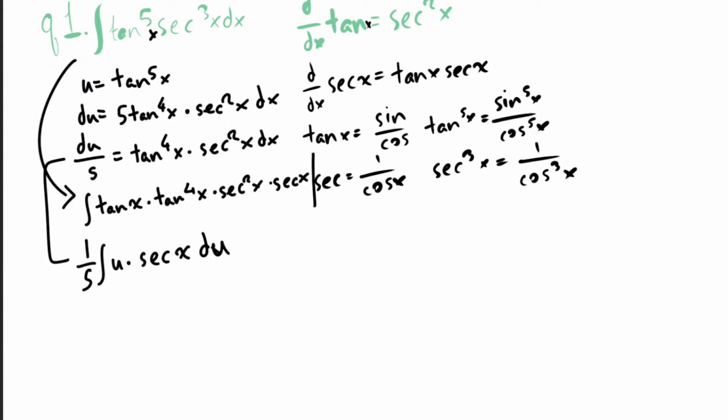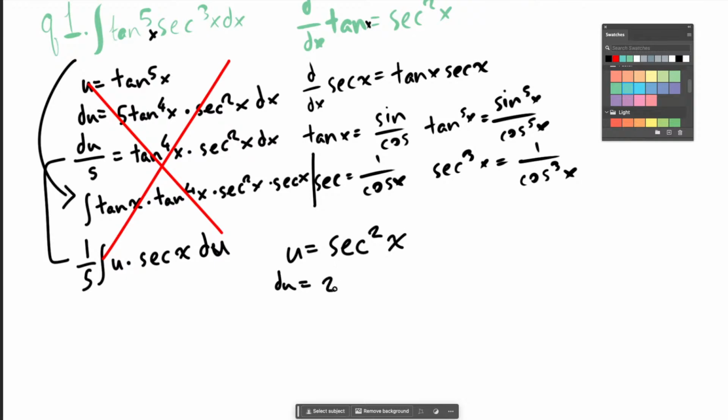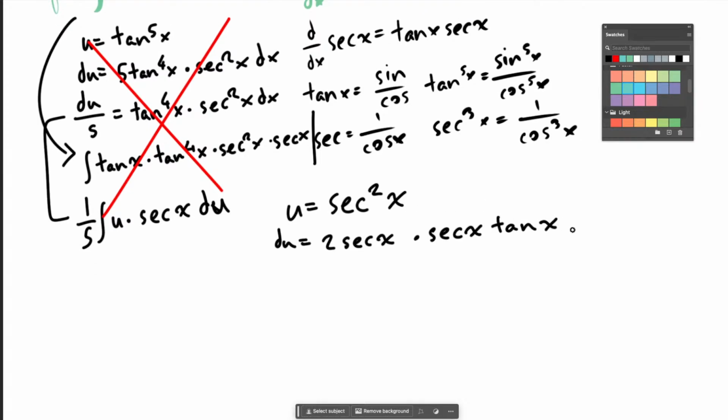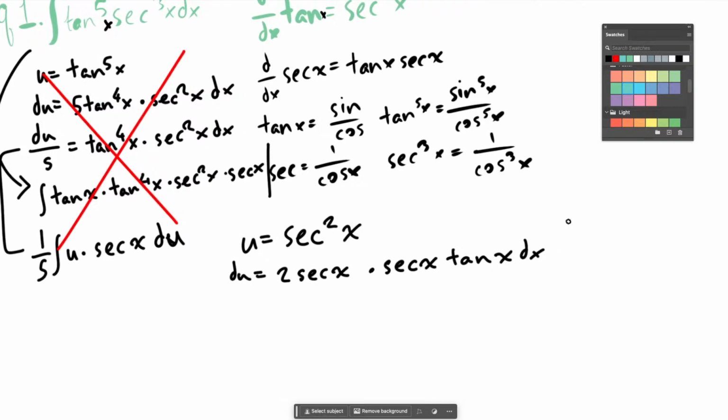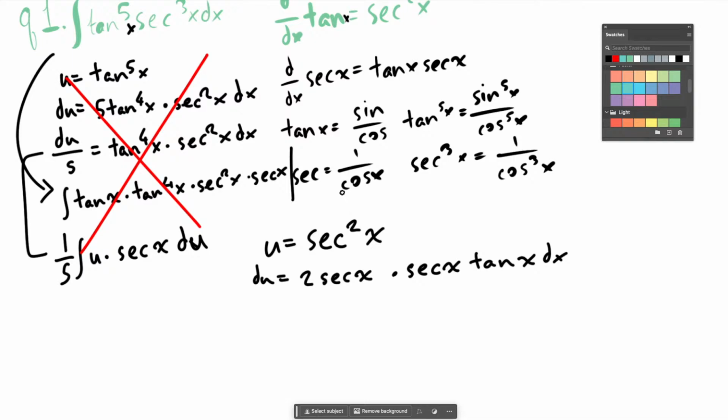Okay, wait. I think I got it. If we set u equal to secant squared x, that means du equals 2 secant x times sec x tan x dx. No, but that gives us another secant squared x.